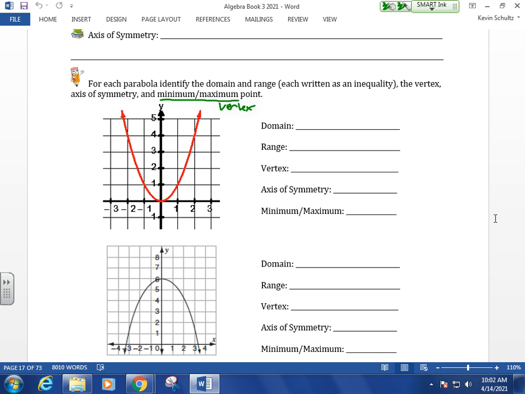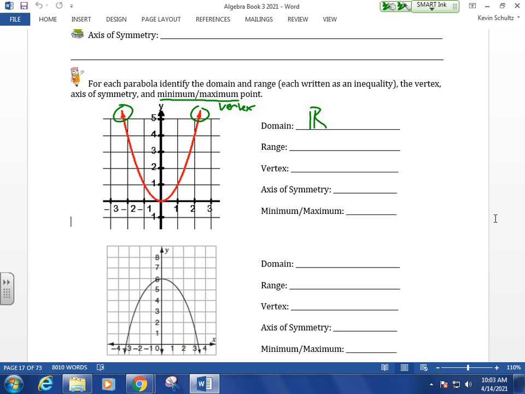The domain of this parabola is going to be all reals, which we're not going to write as an inequality because no inequality covers everything, right? But it's all reals because this parabola has these arrows on each end, like we talked about before.